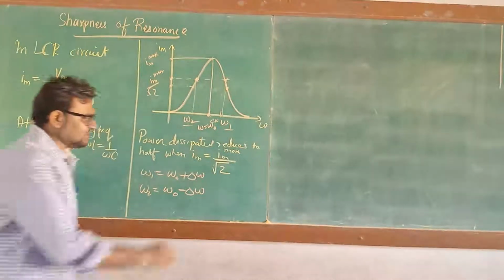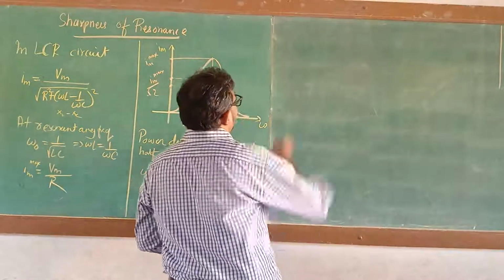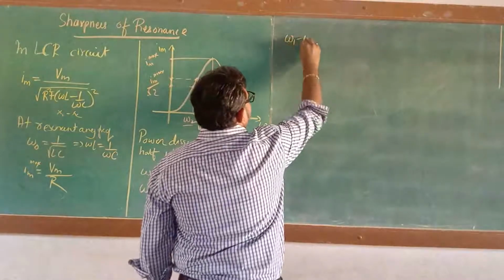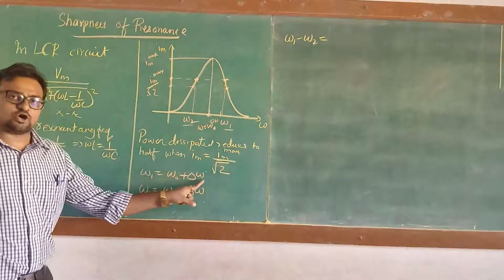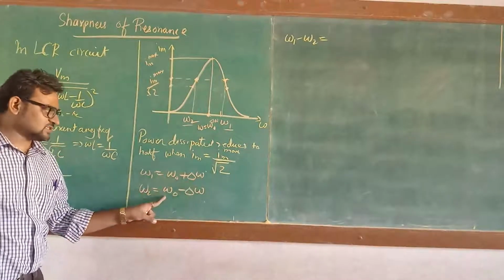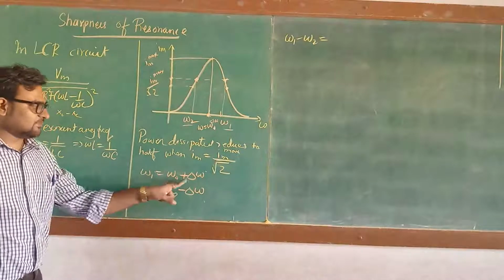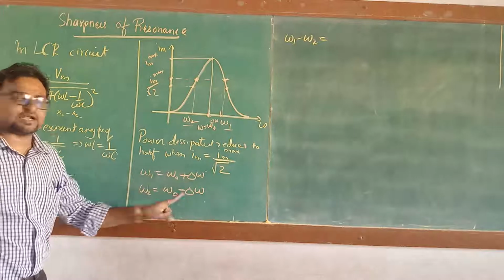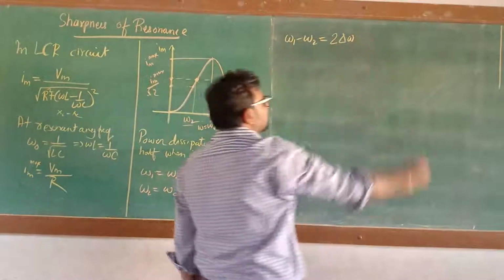Now when I take the difference, omega 1 minus omega 2, what will I get? Omega 0 plus delta omega minus omega 0, so this will get cancelled, and minus minus plus, so delta omega plus delta omega, 2 delta omega.